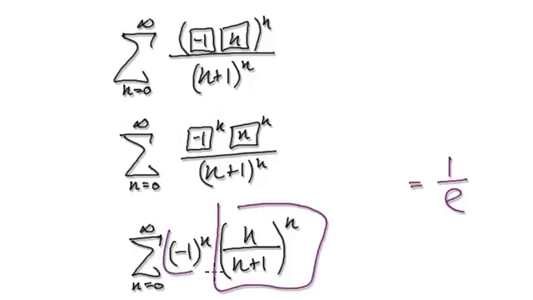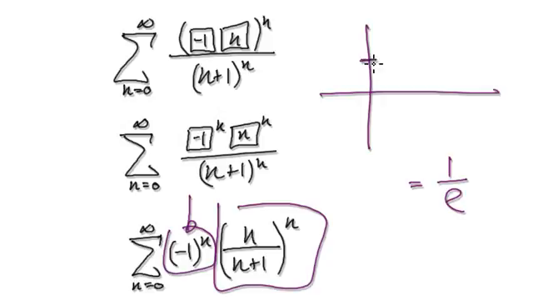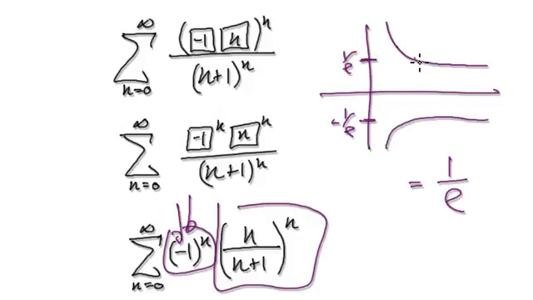So here you've got something that alternates, and it's 1 over e. So let's say this is 1 over e, this is negative 1 over e. So this alternating thing jumps back and forth like this.